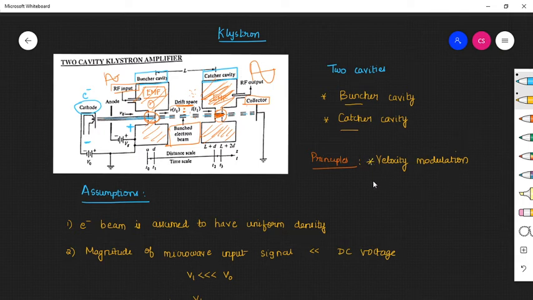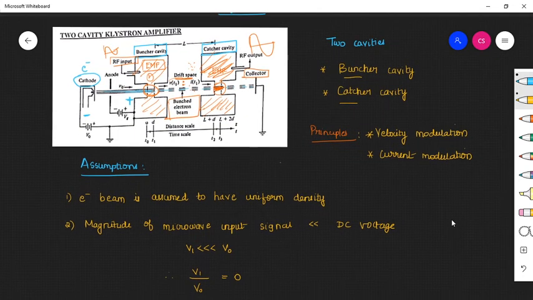So it works on the principle of velocity modulation and current modulation, which causes the amplification of signals in the RF range. Before proceeding with the analysis of the two-cavity klystron amplifier, we need to understand two basic assumptions that are made for analyzing the two-cavity klystron.